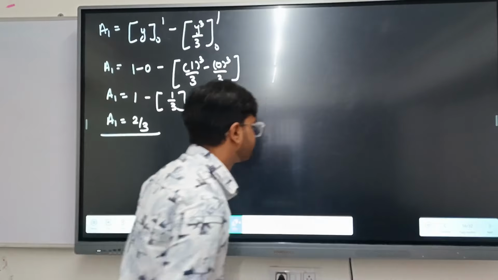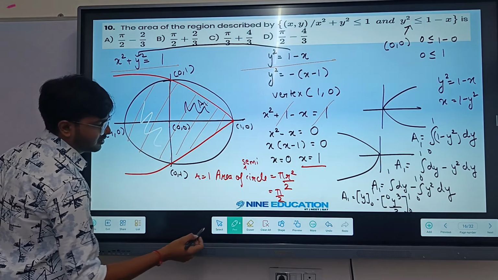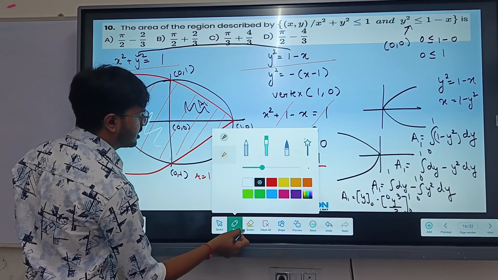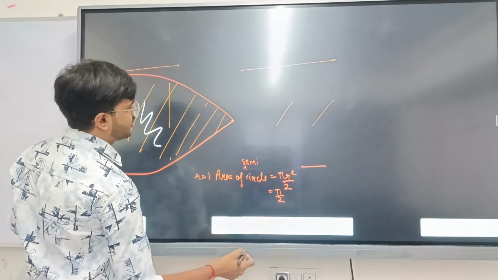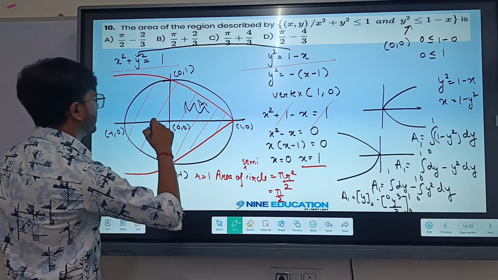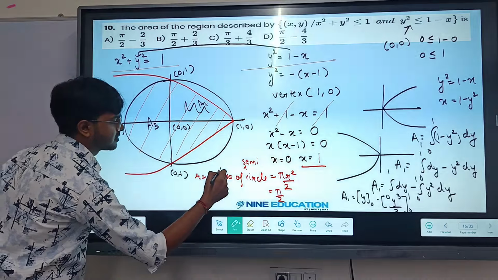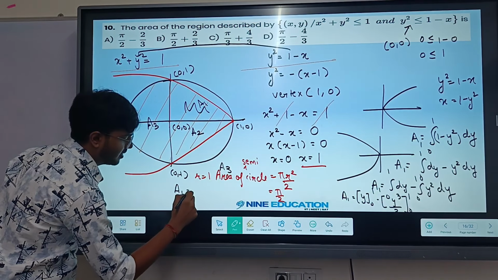So let's see. This first semicircle part, I already found out the area of the semicircle part. Let's say the area of this semicircle part is A3. This is A3, and A1 and A2 are similar. A1 is same as A2.